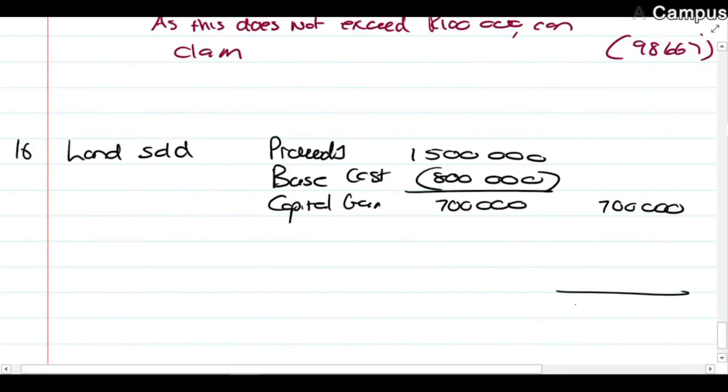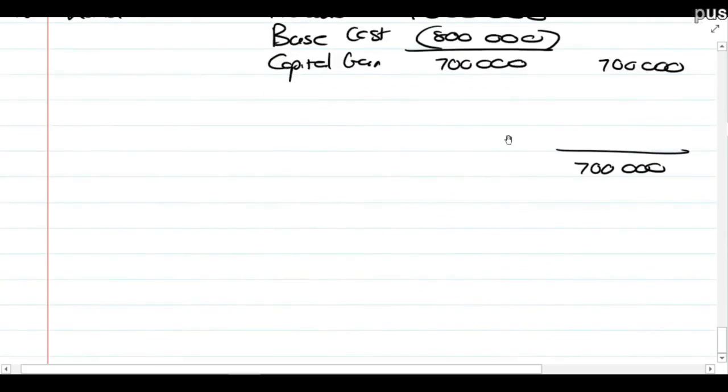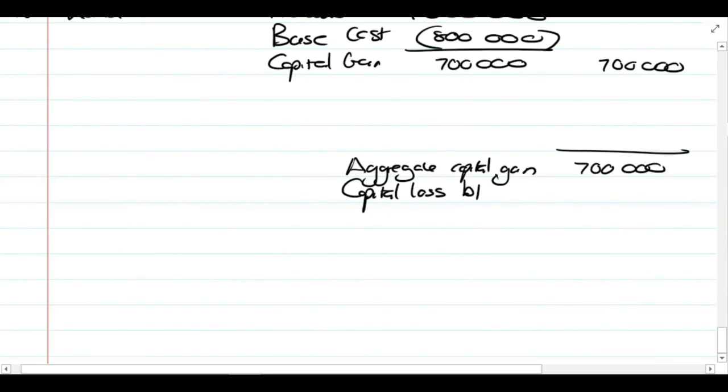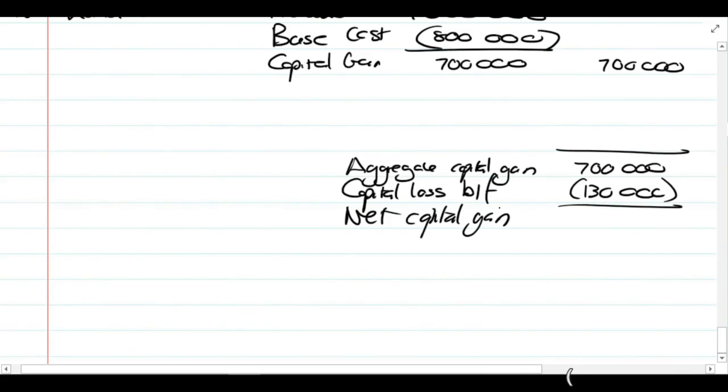So all we have to do now is add up all of our capital gains, 700,000. That's our aggregate capital gain. We have our capital loss brought forward, the 130,000. This gives us our net capital gain, 570,000.